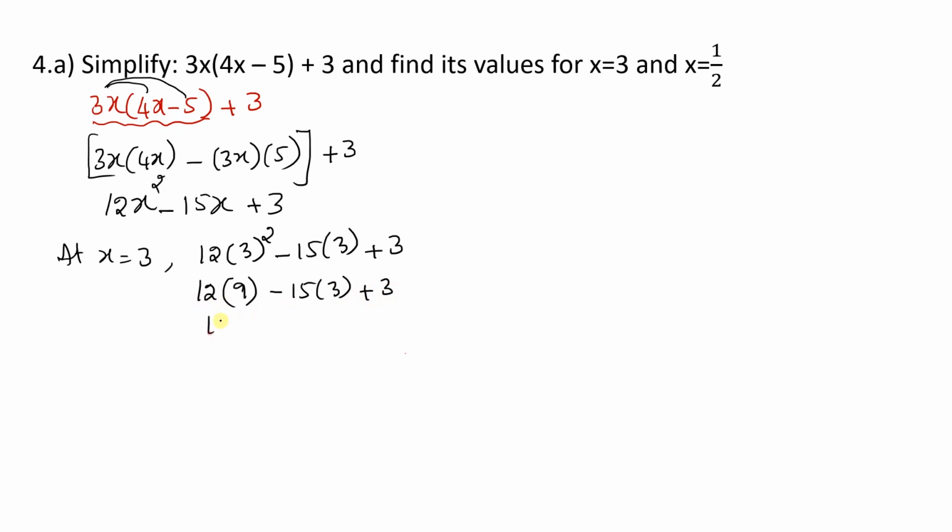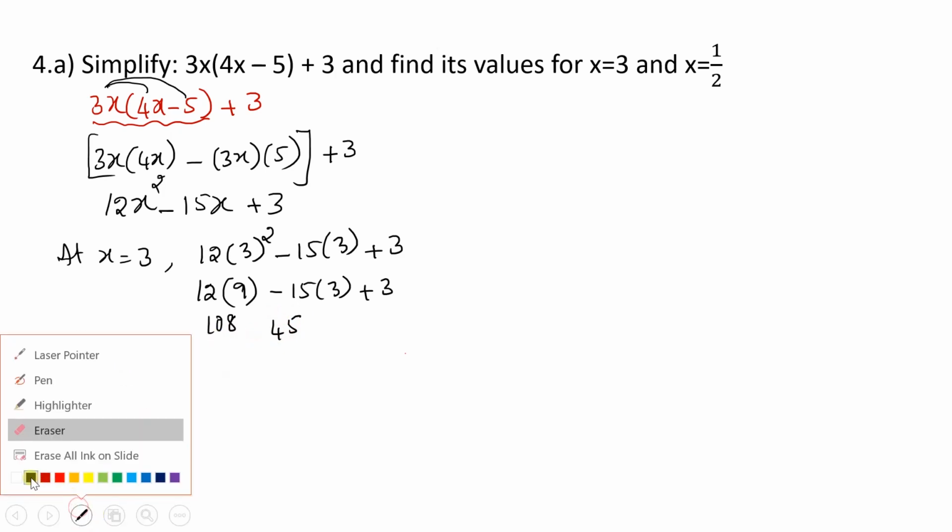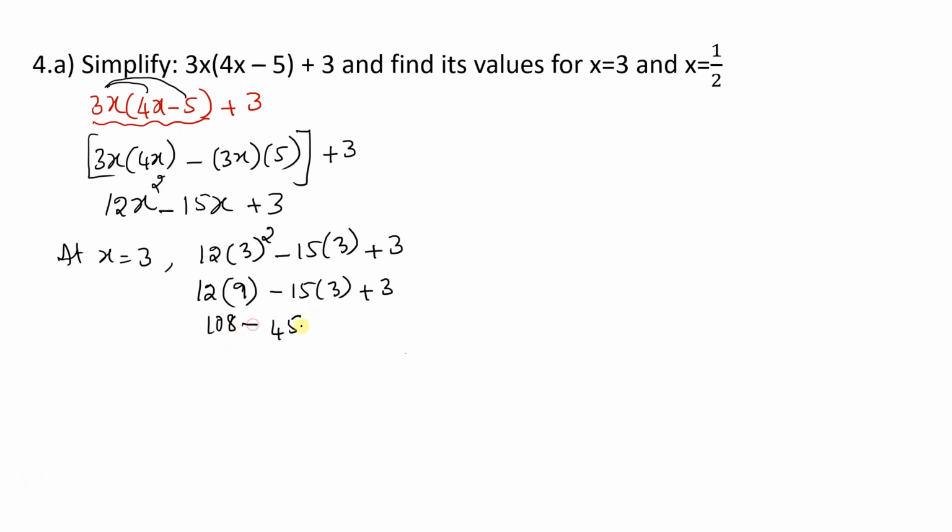So 12 nines are 108, plus 15 threes are, sorry, it is minus. It should be minus. Minus 45 plus 3.